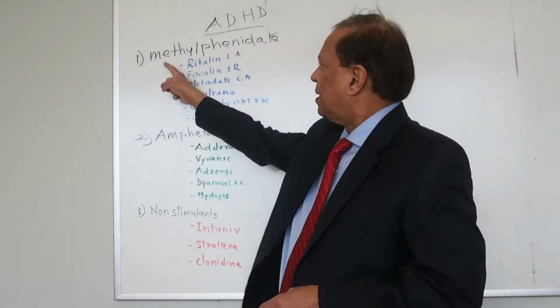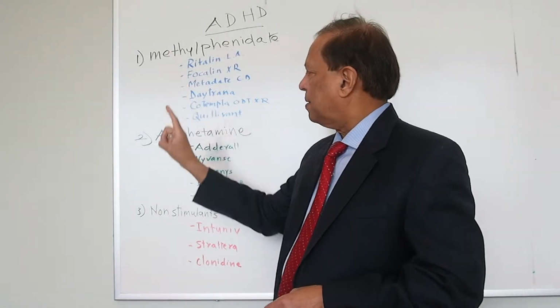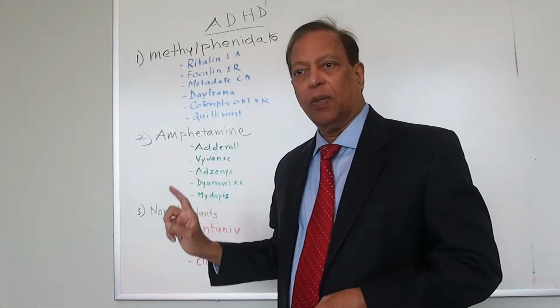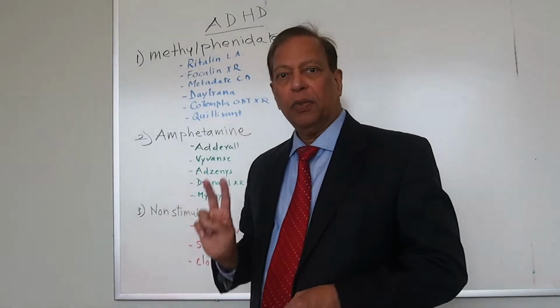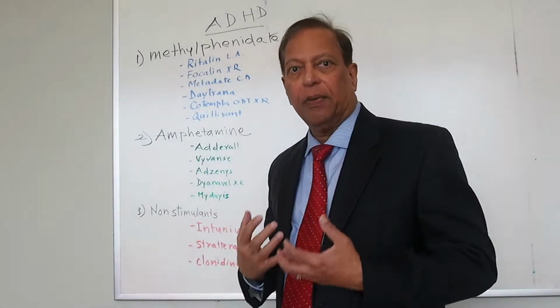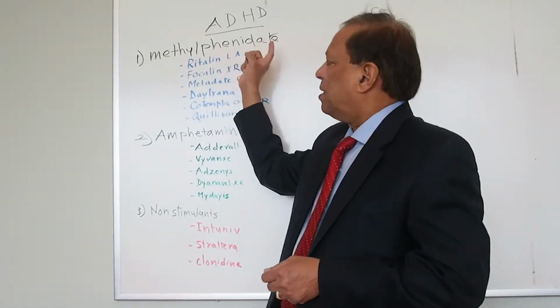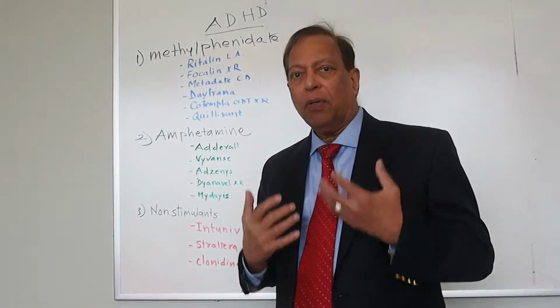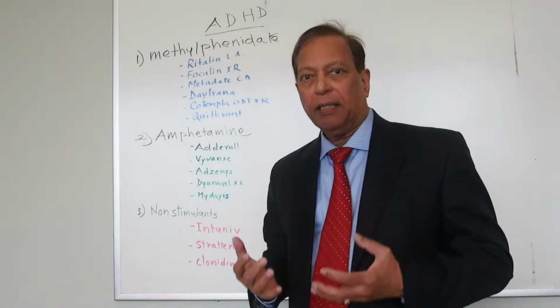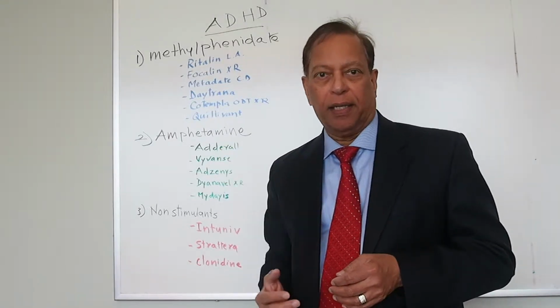The first one is stimulant. The second one is also a group of stimulants, but there are two different types of stimulant that we use. The first one is called the methylphenidate group. Most of you know a classic name, and that is Ritalin.